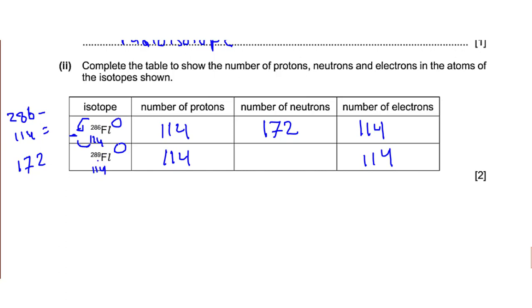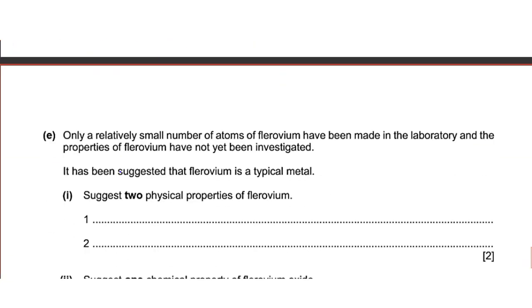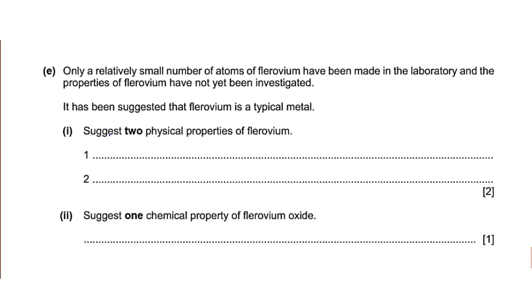For the second one, we can do the same, but in this case we will take this number, which is 289, minus 114. So it's going to be 175. You can copy it here, 175. Okay, guys, clear?